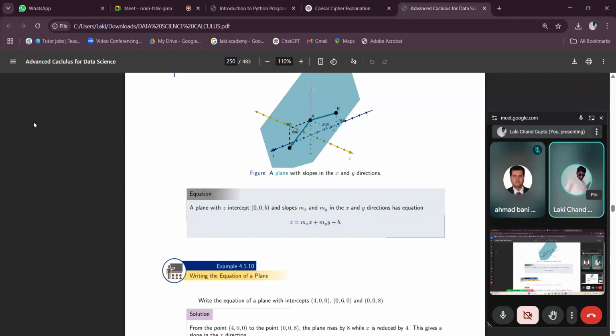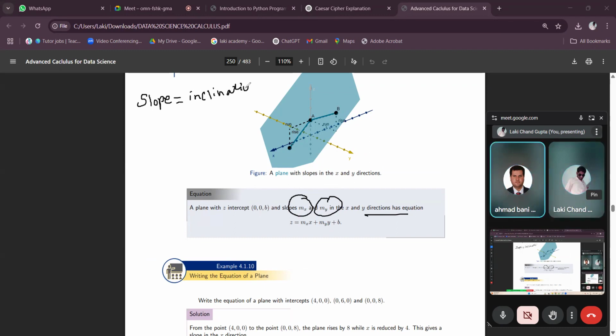Very important: the equation of a plane. How do we find the equation of a plane? For the equation of a plane, we have to find the slope along the x-axis and y-axis. This is very important. Slope means inclination.